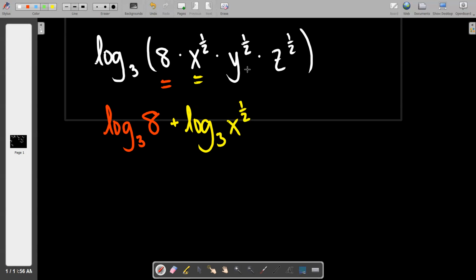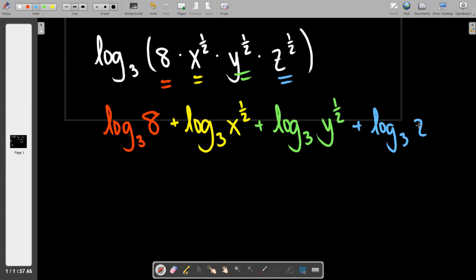And then y says, I want my own log. And I say, okay, you can have your own too. Log base 3 of y to the 1/2. And of course, z's like, well, don't leave me out. So we put plus log base 3 of z to the 1/2. And again, full disclosure, I didn't show this step because I didn't need to, but this is what it looks like when there's one step to go.